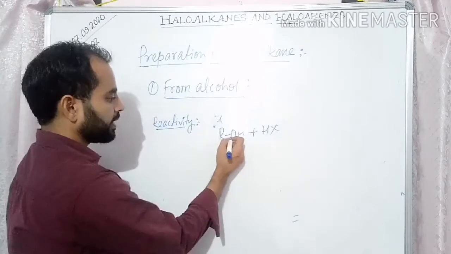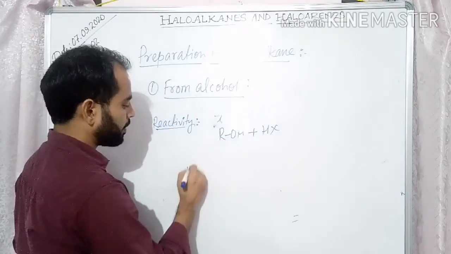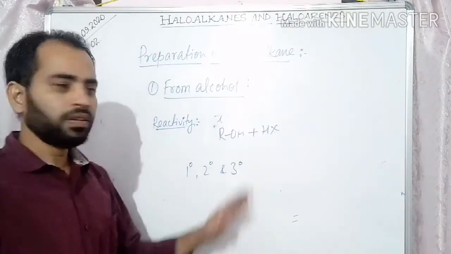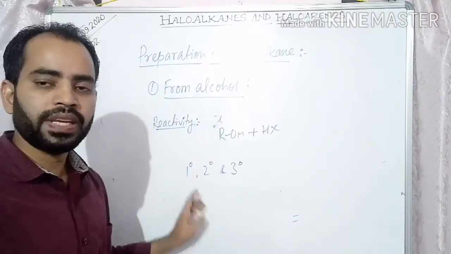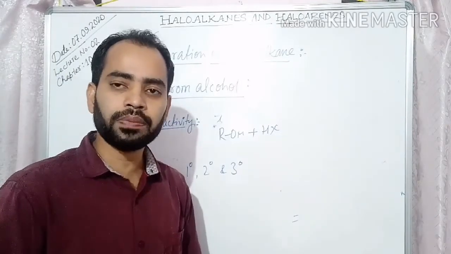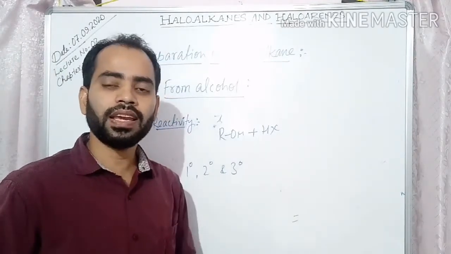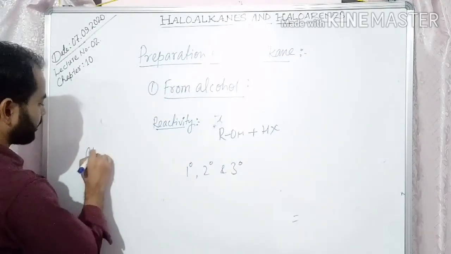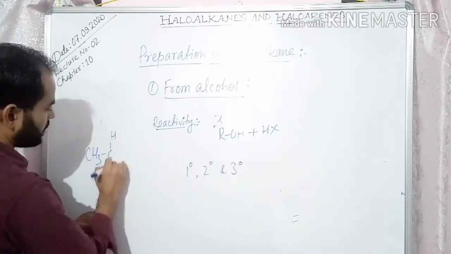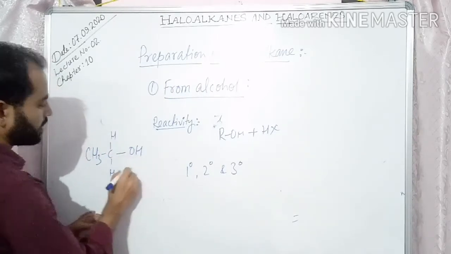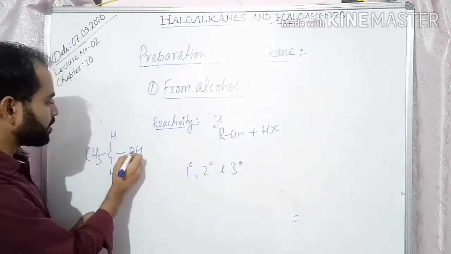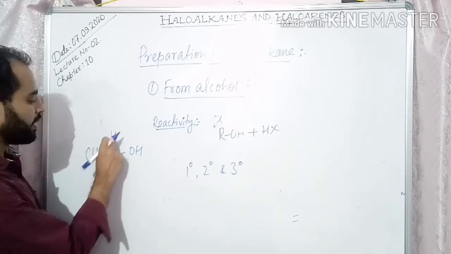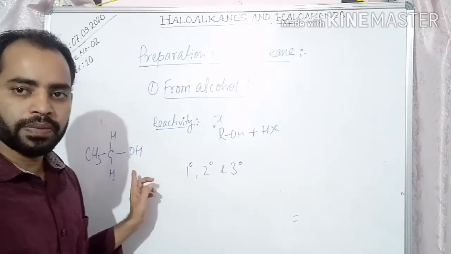One thing matters: the alcohol may be primary, secondary or tertiary. You know what primary alcohols are, means OH group is attached to that carbon in which there is only one carbon directly bonded. As for example, CH3CH2OH. In this alcohol you see OH is bonded to this carbon and this carbon is directly bonded to only one carbon, remaining two are hydrogen. So that is primary alcohol.